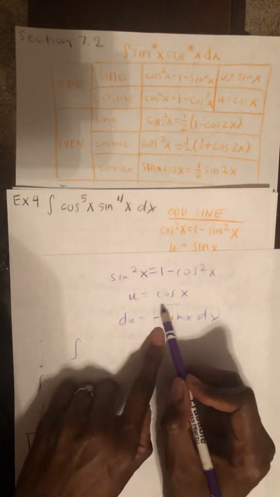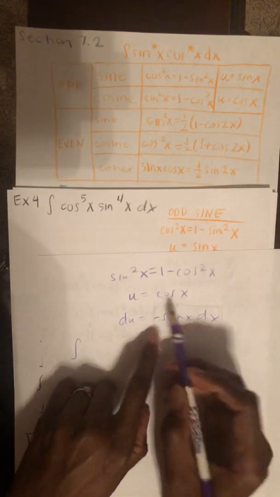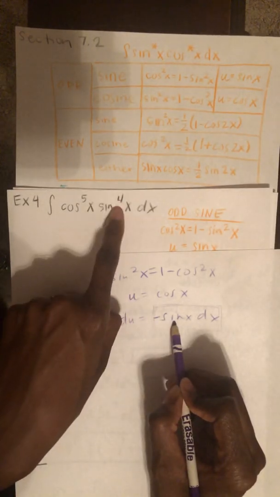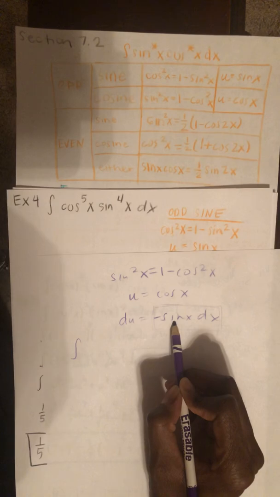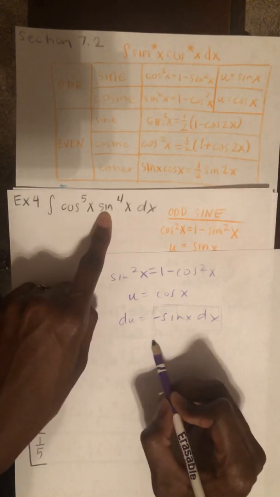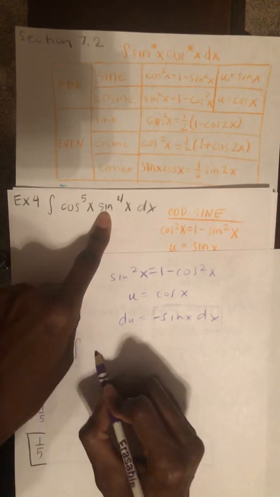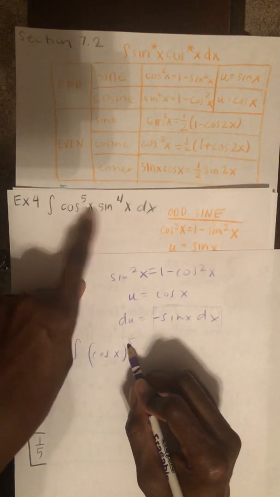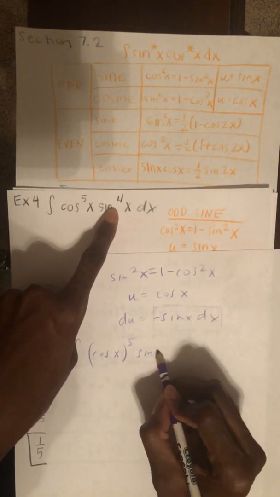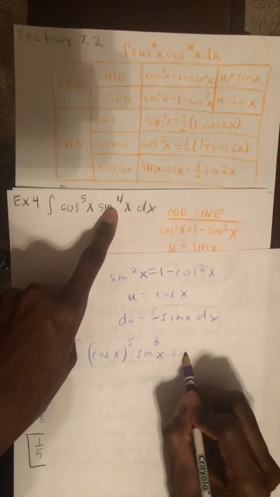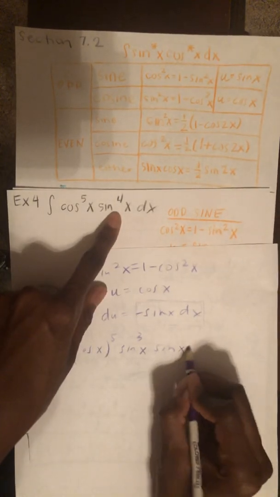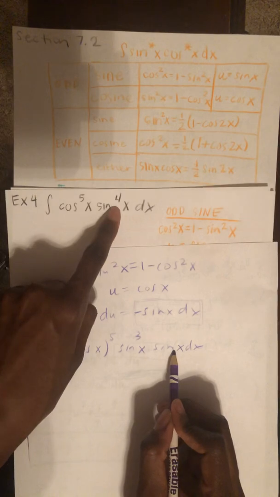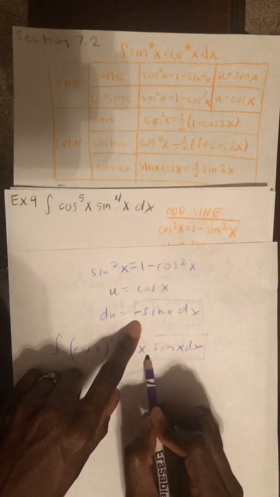Okay, cool. So we need this du, which means we only need one sine. So we'll have to take a sine out from here. If we take out a sine from here, I'm just gonna write cosine x raised to the 5th because that's what we have. And then I'm gonna break this into sine x to the 3rd, and then a single sine x dx. So if we were to combine those, we get that 4 back. This right here is going to help us get our du.